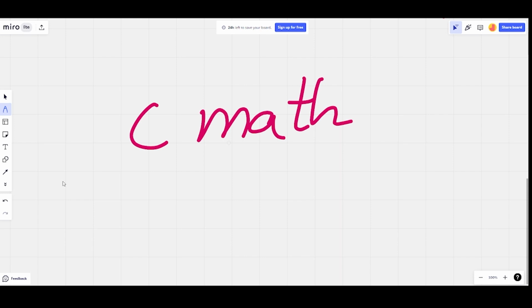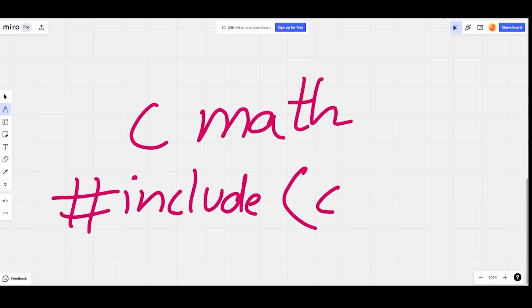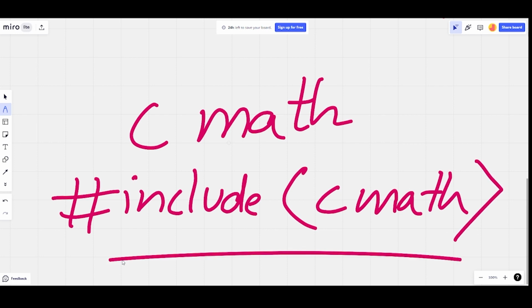At the start of the program, after we have written the iostream header file, we write #include <cmath>. When you include this, only then will you be able to do math operations. Otherwise, it will throw you an error. So make sure that if you're using any math operation, this is included at the top.